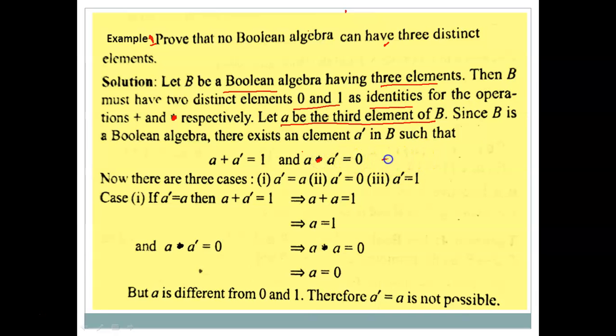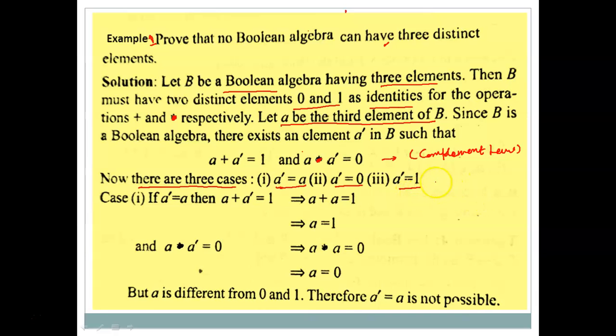This is our complement law. So now three situations arise. Number 1, A complement will be equal to A, or A complement will be equal to 0, or A complement will be equal to 1.